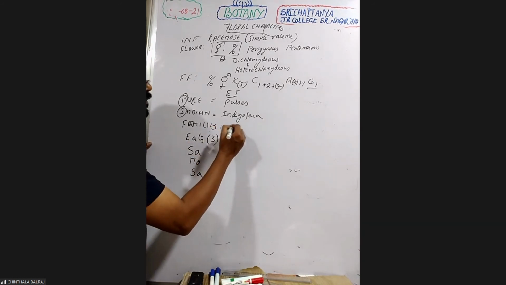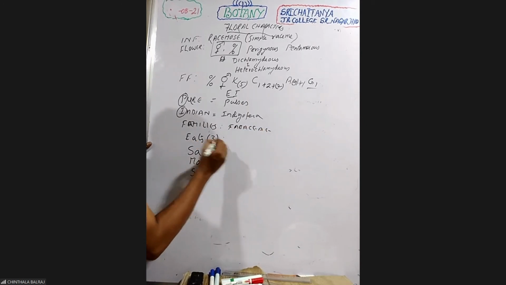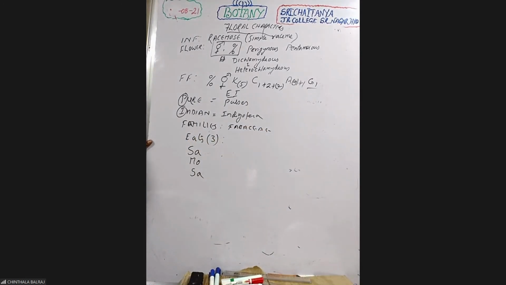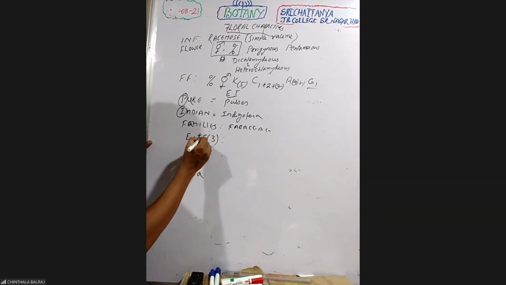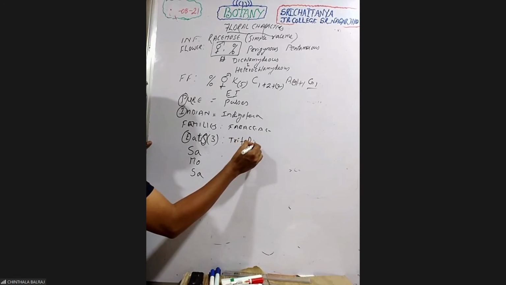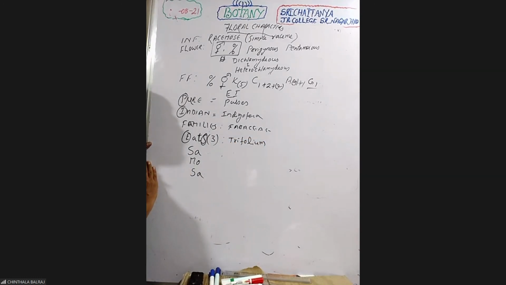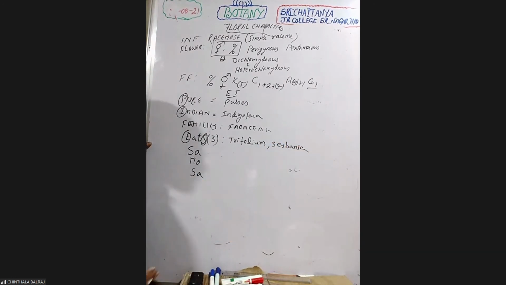Fabaceae. Eats 3: what are those 3? Trifolium, Sesbania, fodder plants. Is it there in your book?